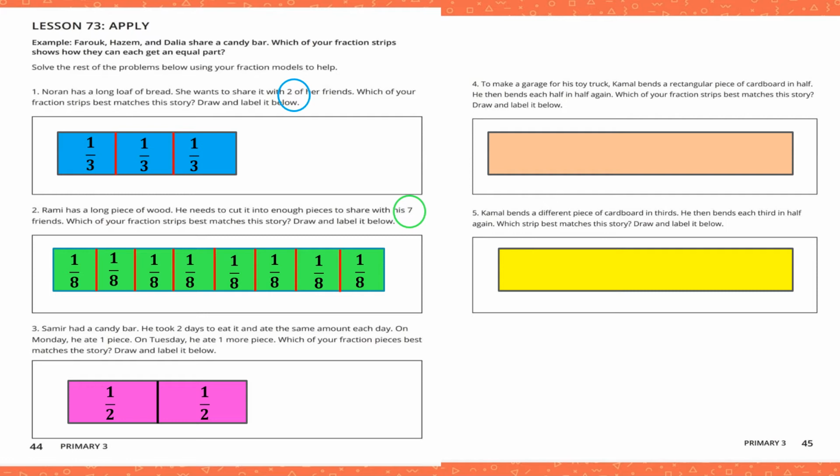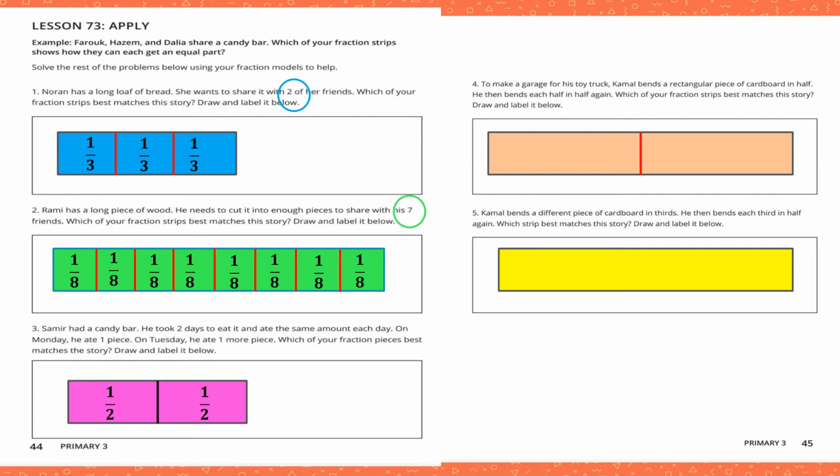Question number 4. To make a garage for his toy truck, Kamal bends a rectangular piece of cardboard in half. So he cut this rectangular piece into half. Half and half, 2 halves. Then he bends each half into half again.